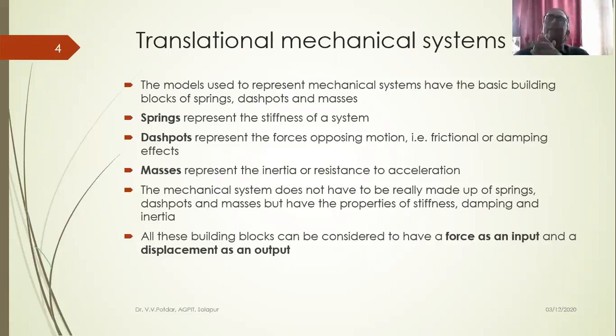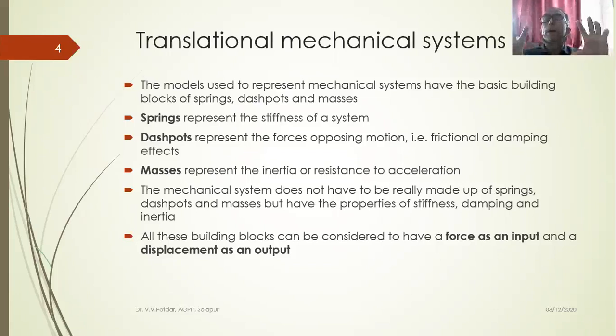So like this, every translational mechanical system will have inertia characteristics. Now these inertia characteristics are dependent on what? Basically those are dependent on mass, isn't it? And the action of external forces and the velocities and accelerations involved later on.